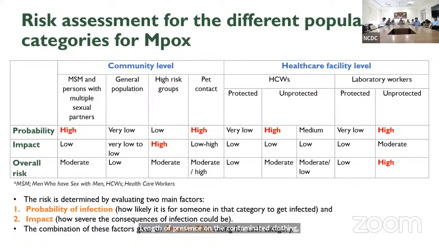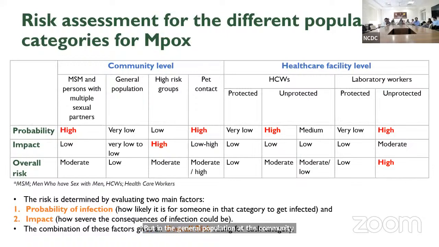The risk assessment for the different population categories at the community level and the healthcare facility level: if we look at the probability of infection among sexual partners, it is high, but in the general population at the community level, the probability of transmission is very low.